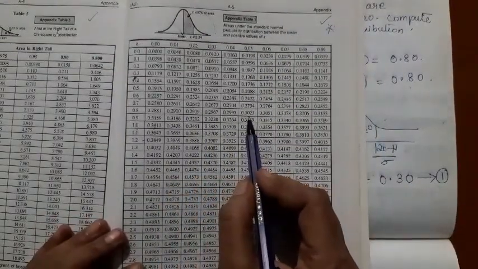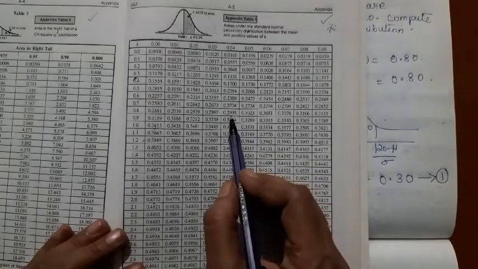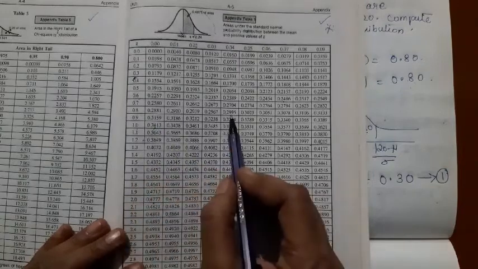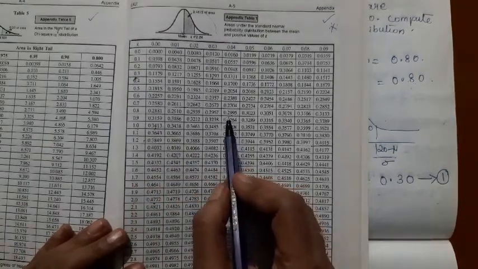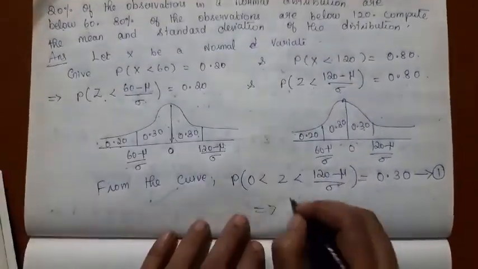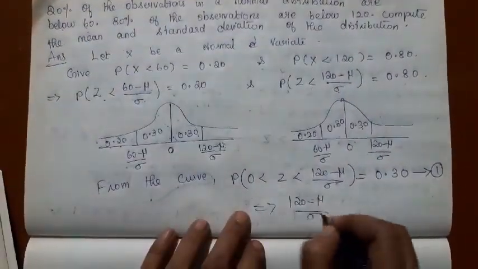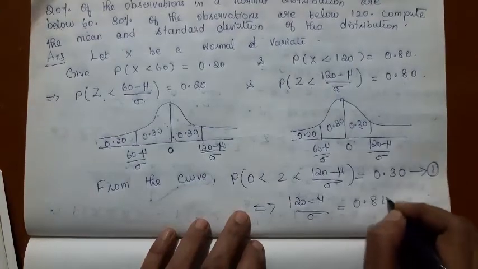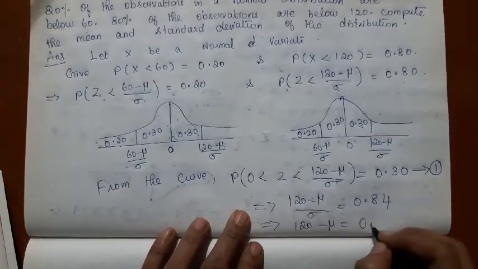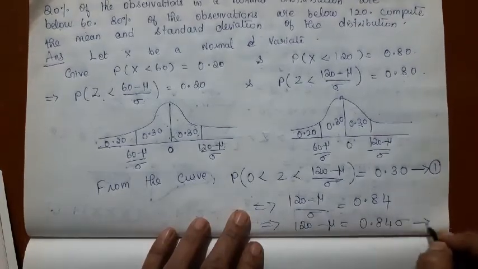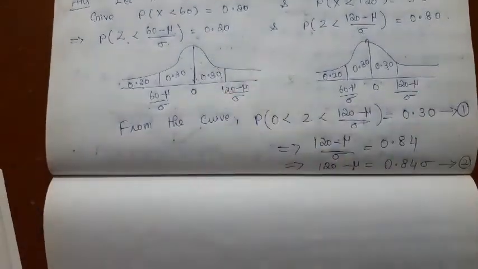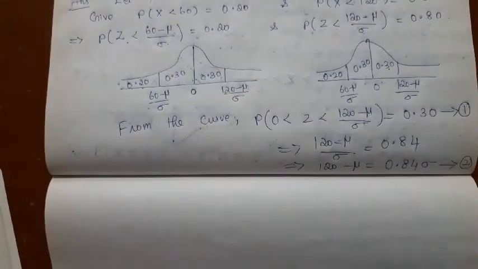You can also take 0.2995 as 0.30. So the value is 0.84, right? So your (120 minus mu) by sigma should be 0.84. So 120 minus mu should be equal to 0.84 sigma. This is the equation you are getting out of this information.